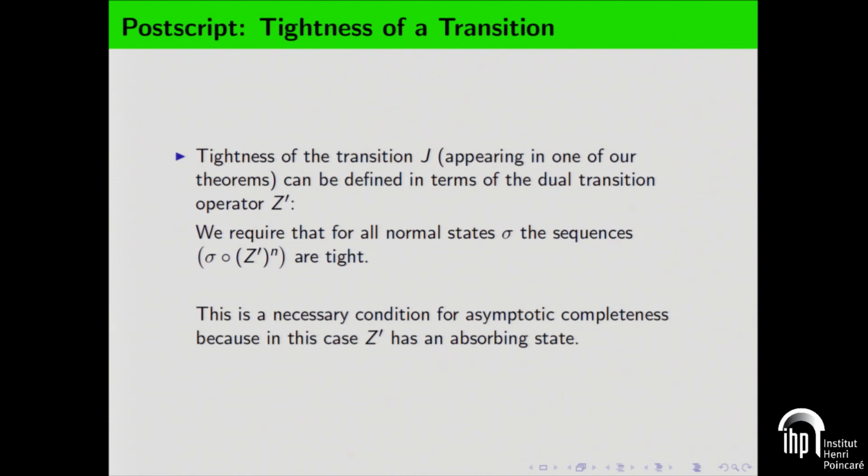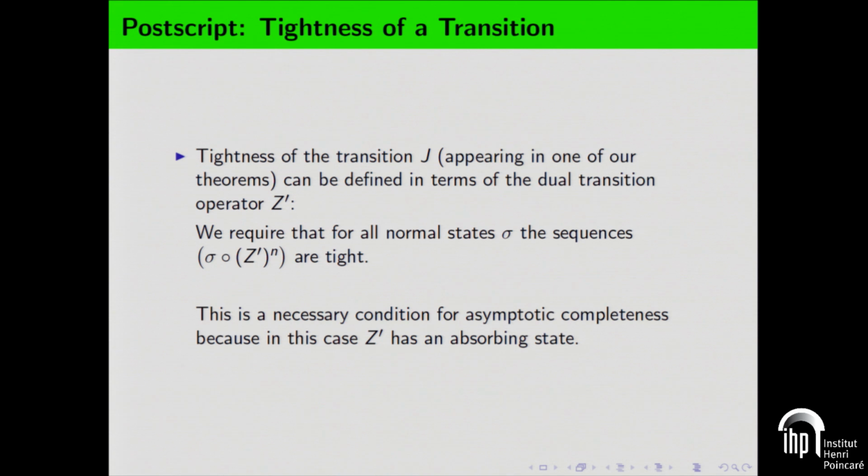We can define it most easily in terms of this dual transition operator Z prime, and the requirement is that for all normal states sigma, the sequences sigma composed with powers of Z prime are tight in the sense given. And so you see we get some compactness, and for asymptotic completeness we need some convergence.